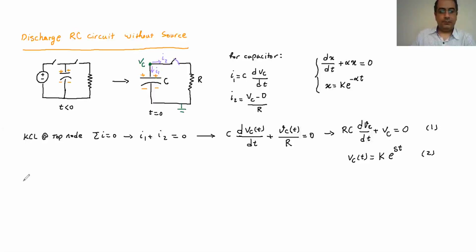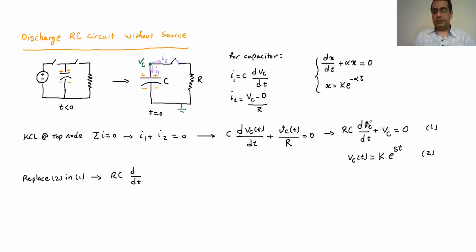So if I replace equation 2 in equation 1, what I'm going to get is RC, then d over dt.